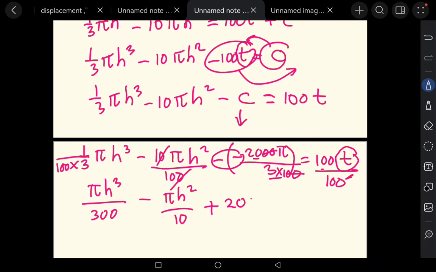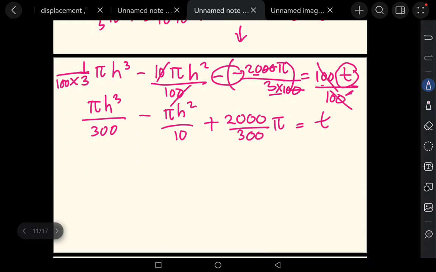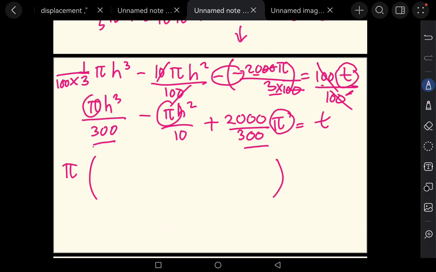Or just put it into 2000 first, yeah, 2000 over 300 pi equals t. Cancel, cancel. Okay, now simplifying. Let's divide this with this, taking this term pi as the scale factor, put the brackets, and this is 300.